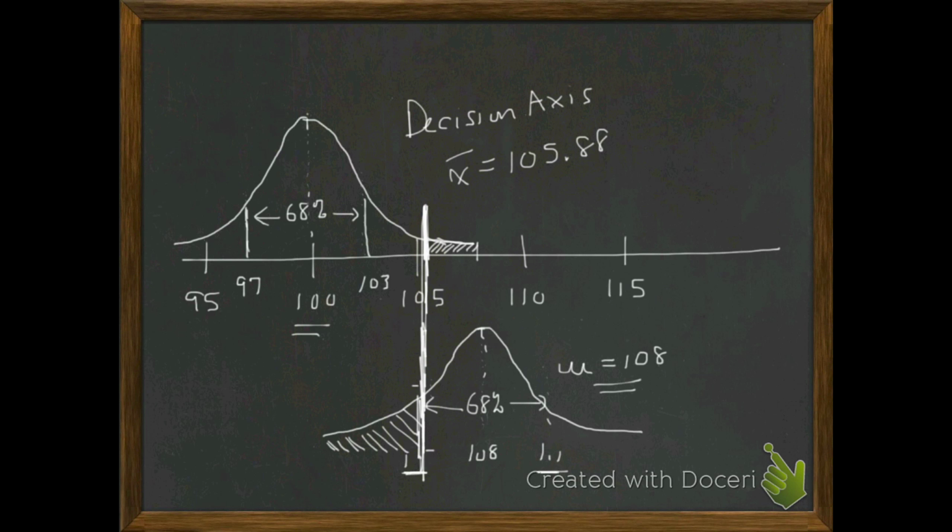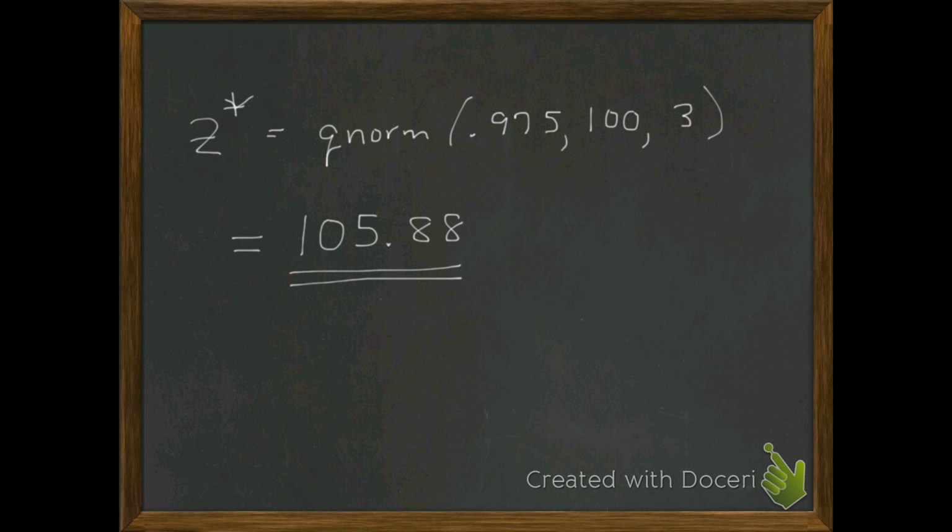And if we get any sample mean to the left of this decision axis, then our decision is going to be fail to reject. So anything in this distribution down here, this area right here, would result in a decision of failing to reject, from the distribution which turns out to be the true distribution, the one with a mean of 108. So guys, if we can find that area right there, then we can find the value for beta.